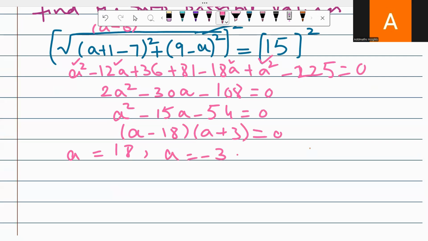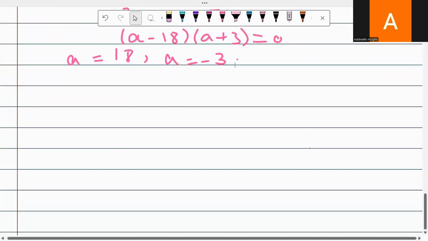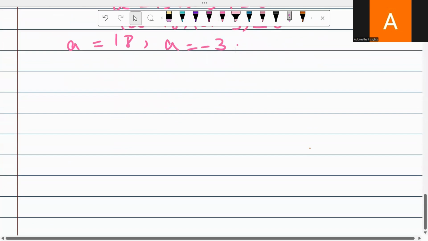Now I told you just the conditions of lines to be parallel and perpendicular. So you will now learn how to apply the rules for gradients to solve problems involving parallel and perpendicular lines. So, application of gradient.